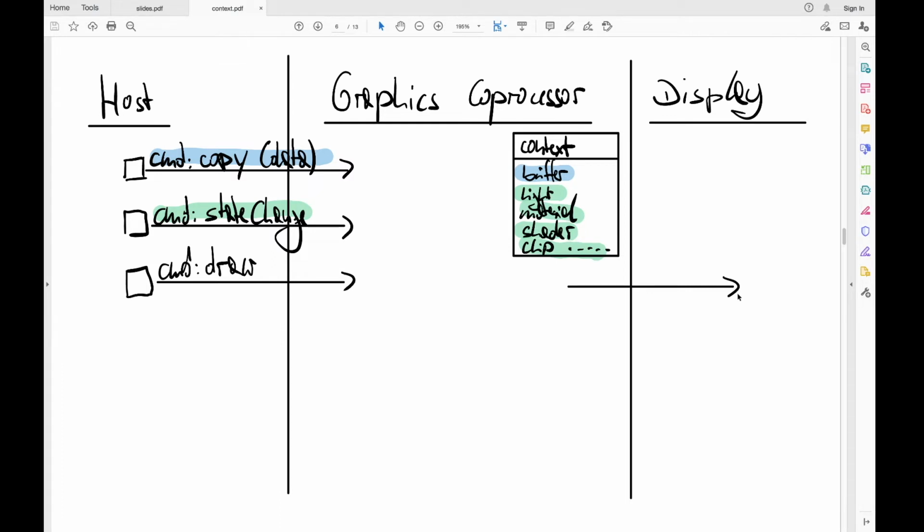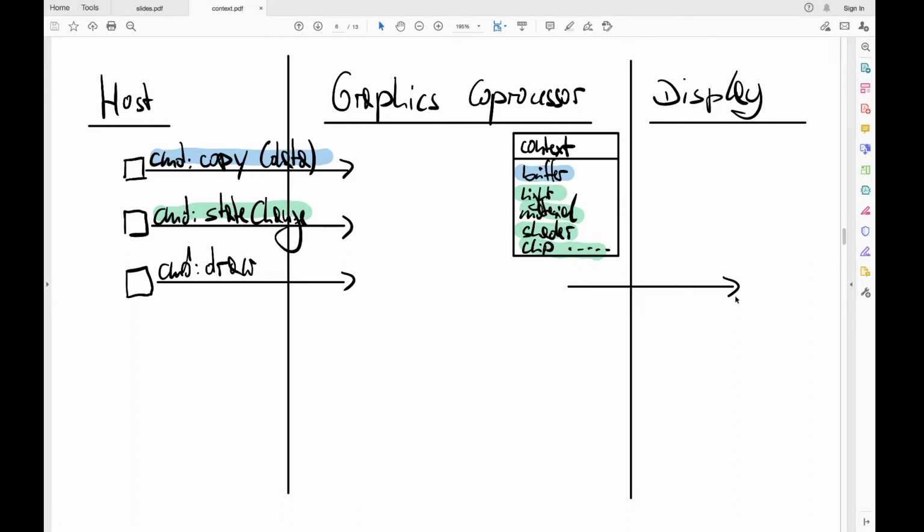We have a data flow that strictly goes from left to right, where the host system issues commands, the graphics coprocessor processes those commands, and eventually will tell the display adapter to display the rendered image.